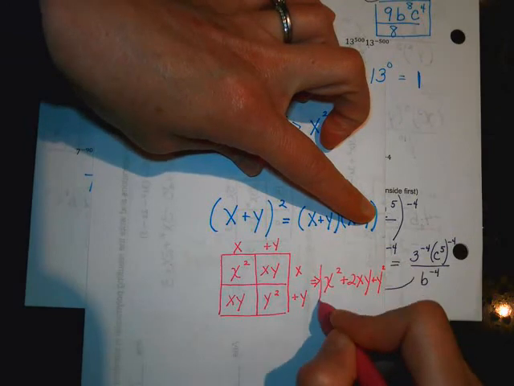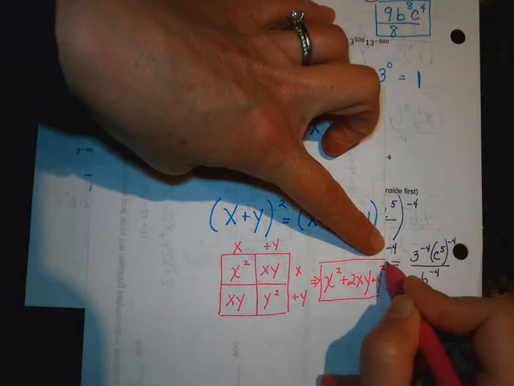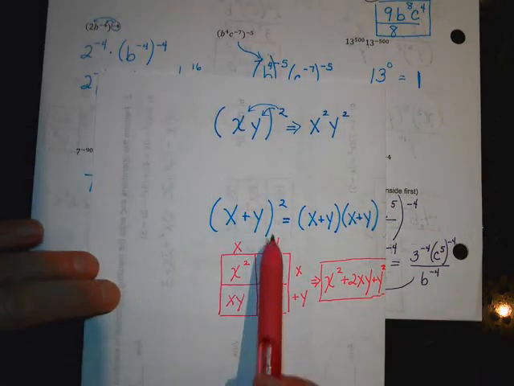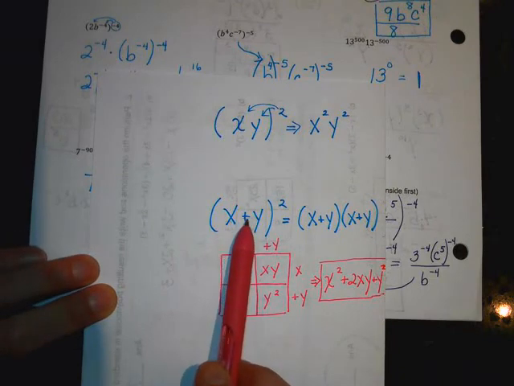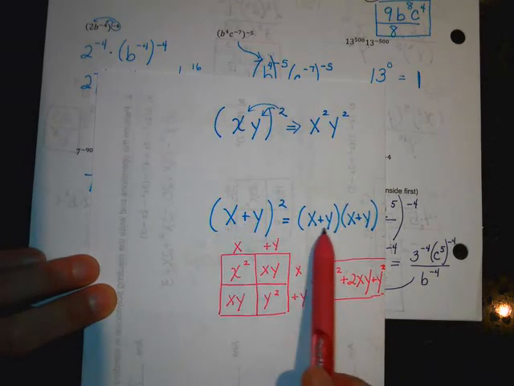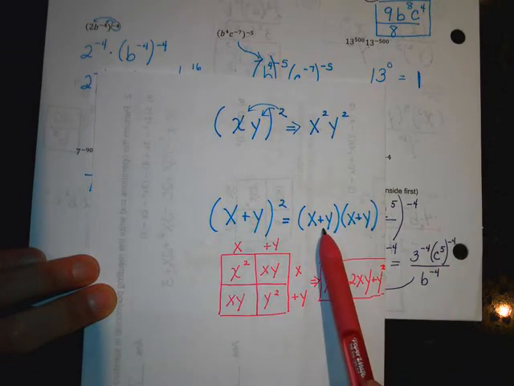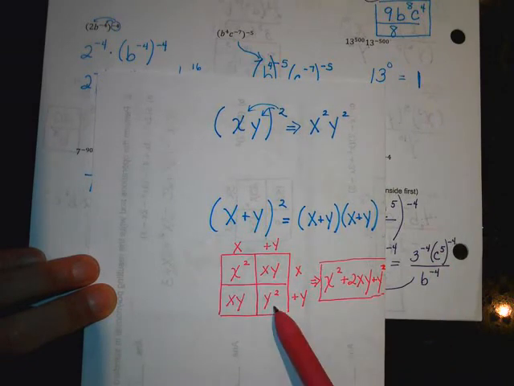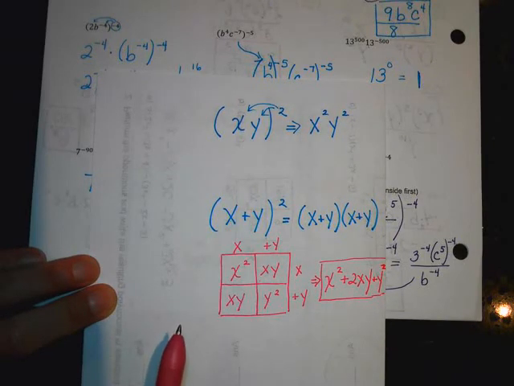So do you see you can't just distribute that power, that's a 2 right there, if everything is not multiplication. So if you got addition or subtraction, you've got to think about it as the product of, in this case, two binomials and do your box method. Only if it's multiplication and division are you allowed to distribute that exponent.